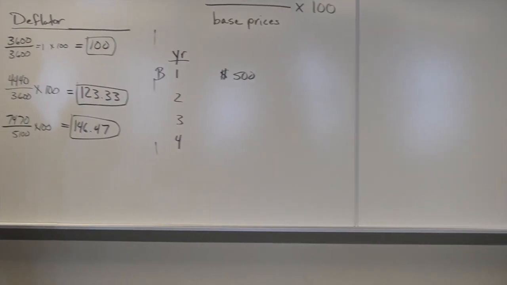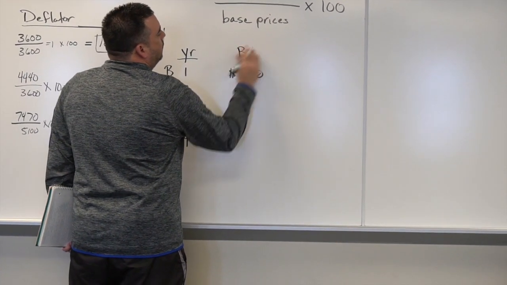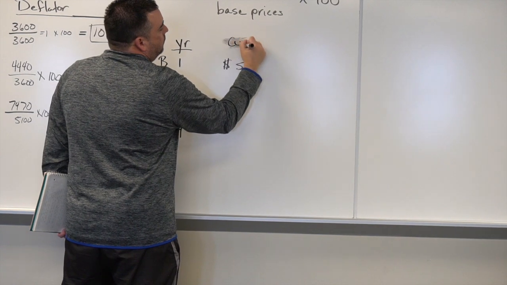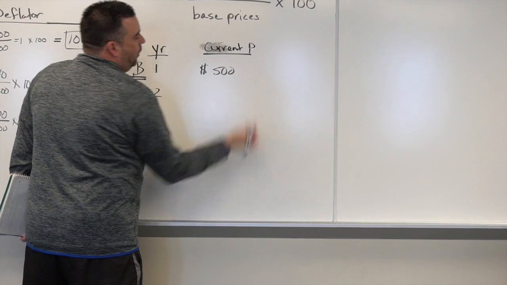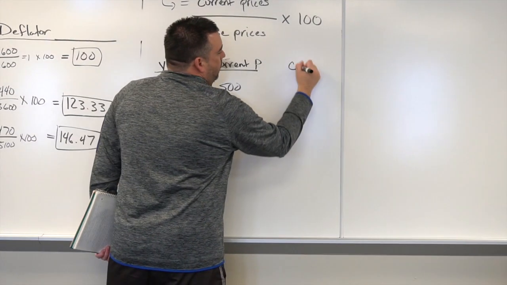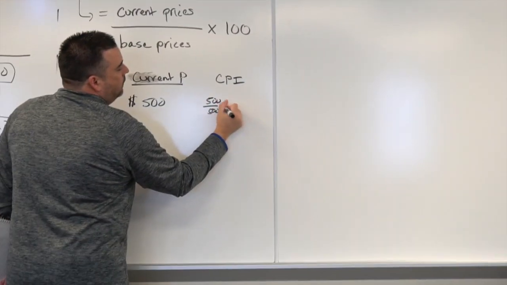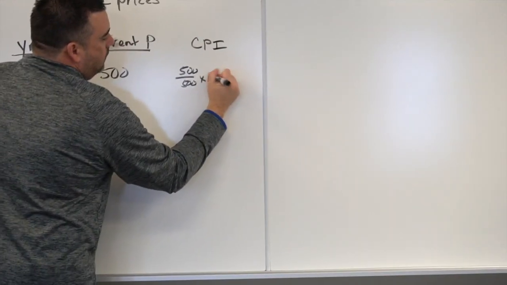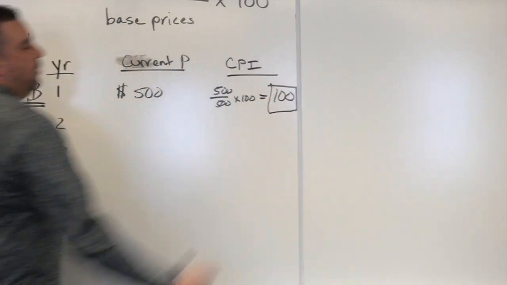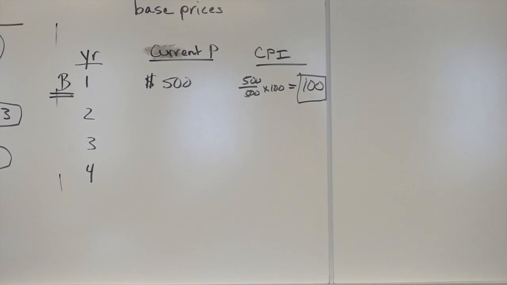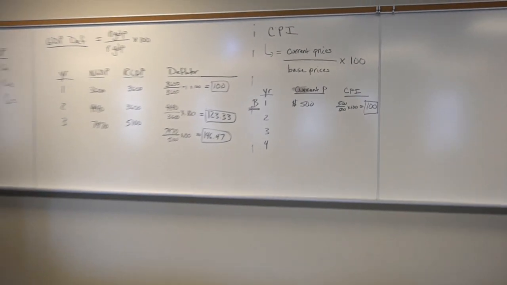Same rule here: in the base year, because this is both our base price and our current price, we would mathematically find the CPI by taking 500 over 500 times 100, which gives me a value of 100. And again, same thing that you notice with the deflator, in the base year I'm going to have an index value of 100.